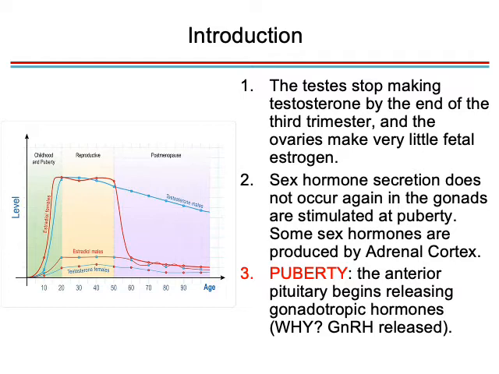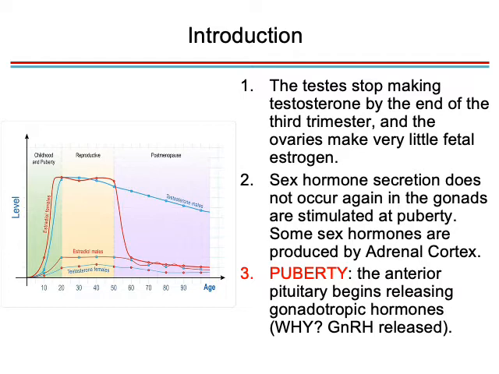It seems to be the hypothalamic hormone known as GnRH. That is the key to the development, or the initiation, of puberty.